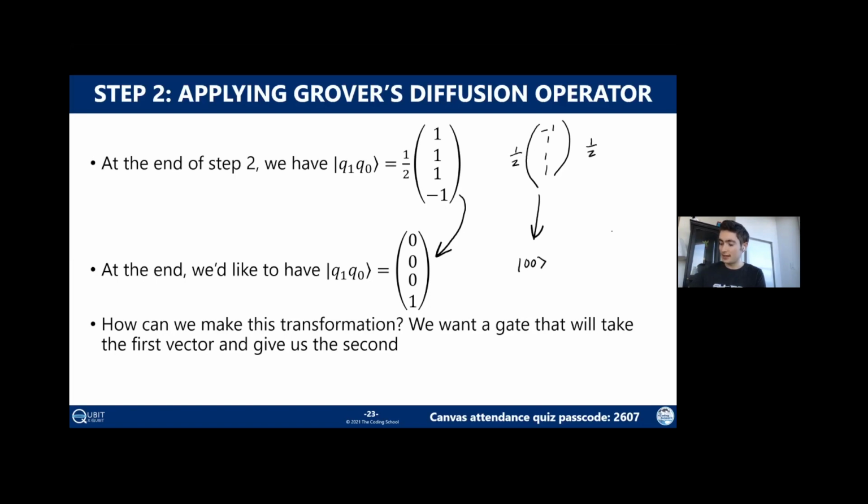If the second one was negative, we would want to turn that into ket 01, and so on, right? So we basically want any of these states that has a single minus sign to turn into a computational basis state. Again, it's not obvious how to do that from the perspective of quantum gates, but you should be able to think a little bit about it from the perspective of a matrix. Now, the next slide is just going to have the answer on it, but I'll talk a little bit through how you might have come up with it.